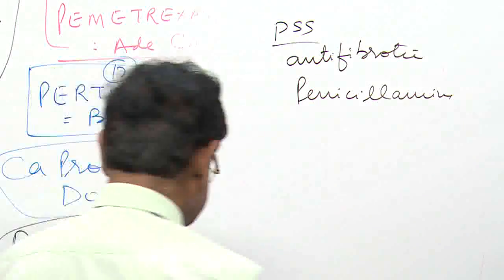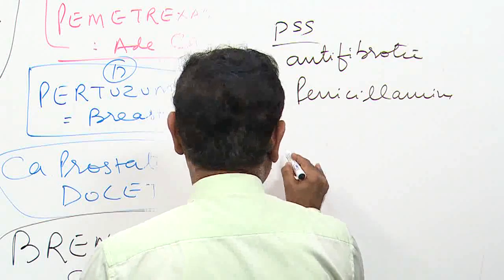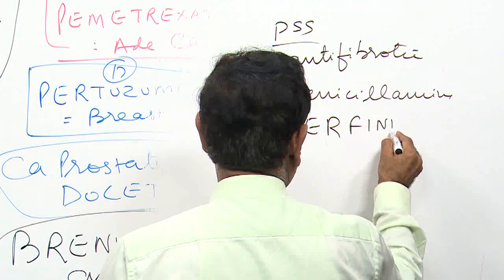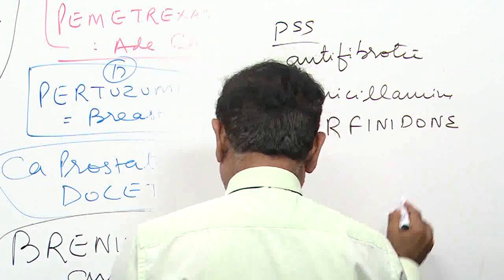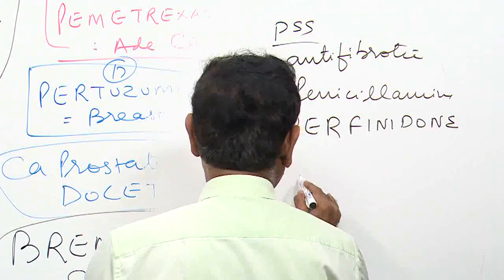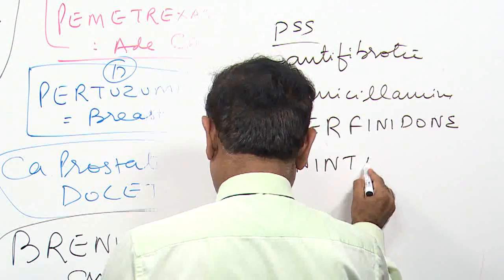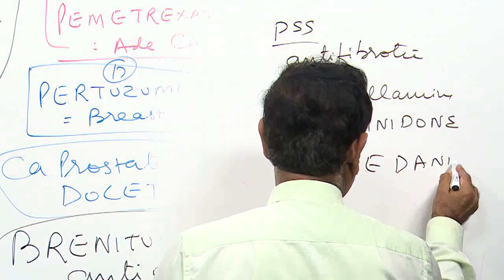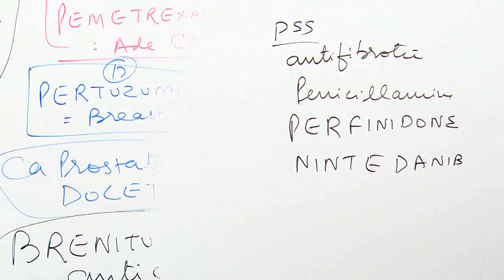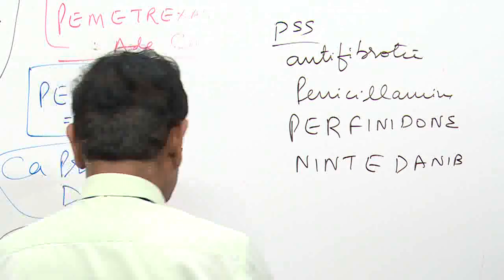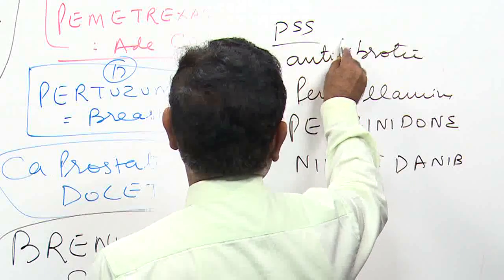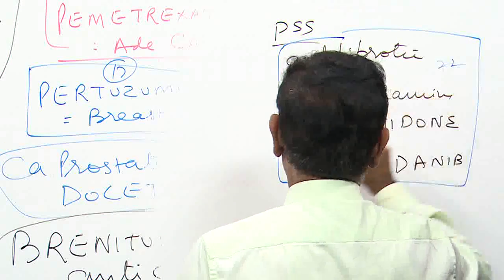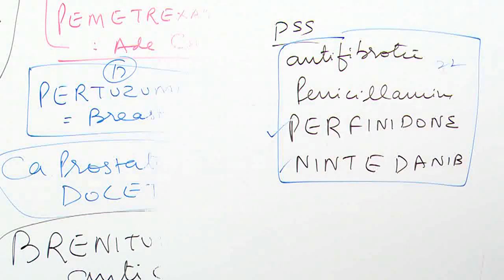The two new drugs are pirfenidone and nintedanib, the two anti-fibrotic drugs. Okay, this is box number 22. They are what came in the 19th edition of Harrison.